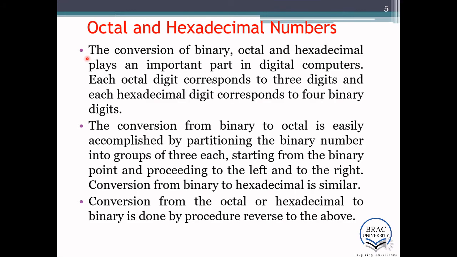The conversion from binary to octal is easily accomplished by partitioning the binary number into groups of 3 each, starting from the binary point and proceeding to the left and to the right. Conversion from binary to hexa is similar. Conversion from octal or hexadecimal to binary is done by the procedure reverse to the above. So let's look at some examples, then it will be clear what we are trying to say here.